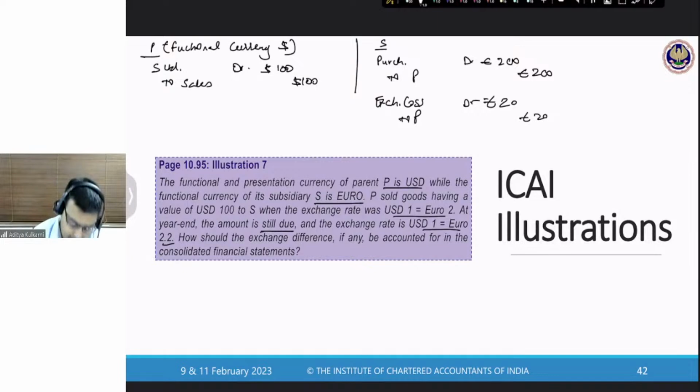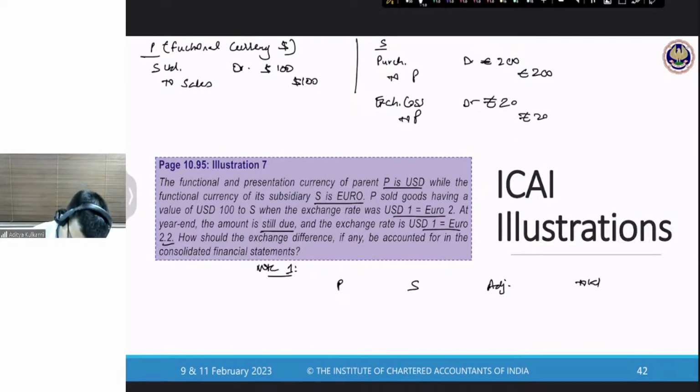Okay. So that is your exchange loss of 20. When you are going to consolidate in note 1, what am I going to have? PS adjustment total.